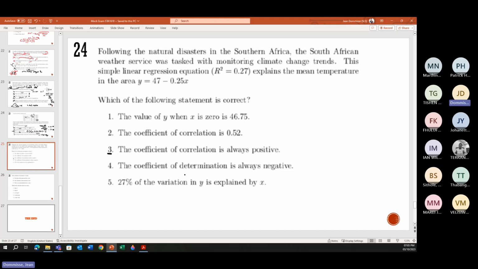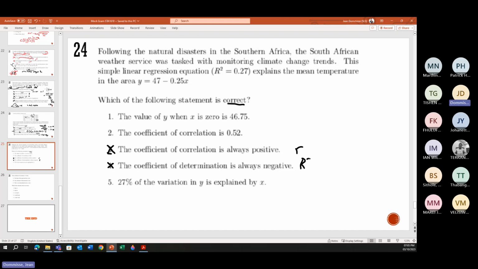Your coefficient of correlation is R. So is it always positive? No. You can have a positive coefficient of correlation and you can have a negative one. So that's incorrect. We're looking for the correct one. Unfortunately, the statement that the coefficient of determination is always negative is also incorrect.